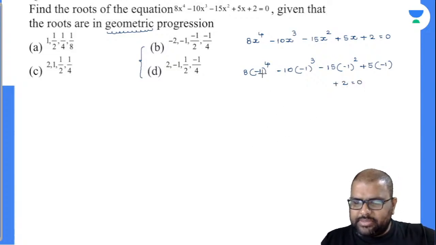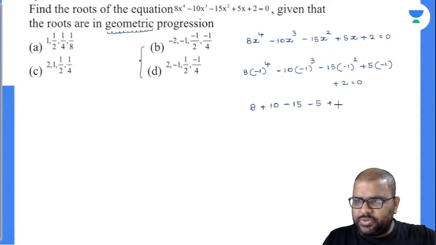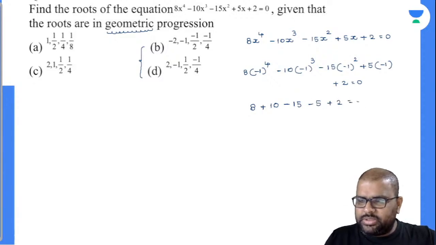You closely observe there. This will be positive only now. I'll write down 8. Minus into minus will become plus 10. So minus into minus 1 will become plus 1. So finally it will become minus 15. This will also become minus 15 plus 2 is equal to 0.